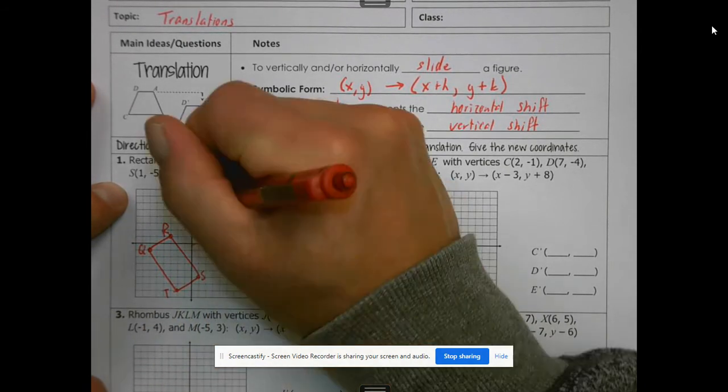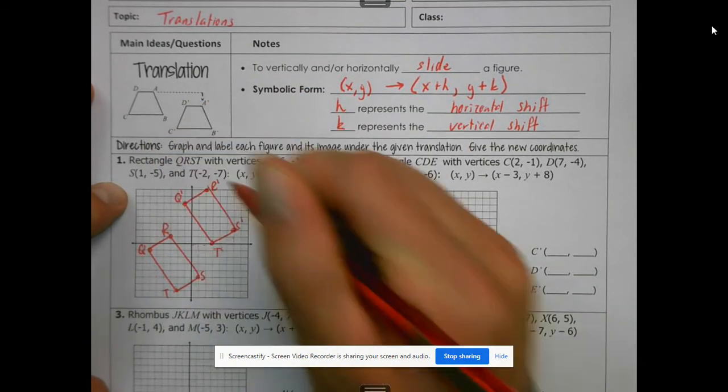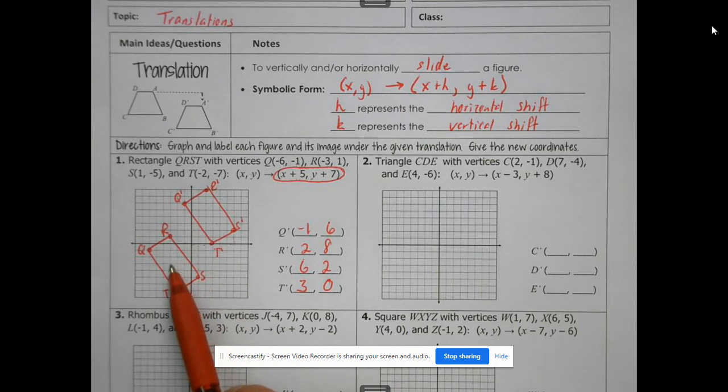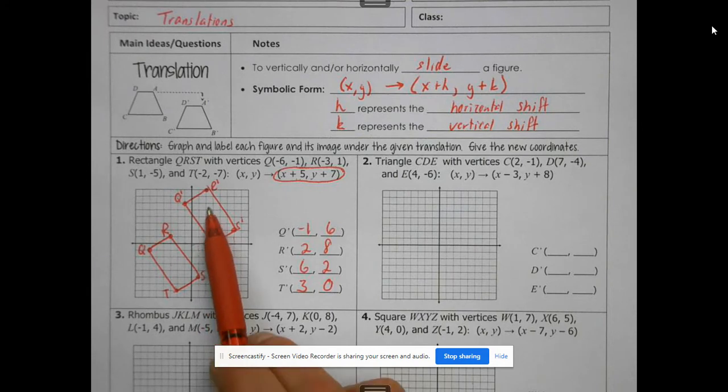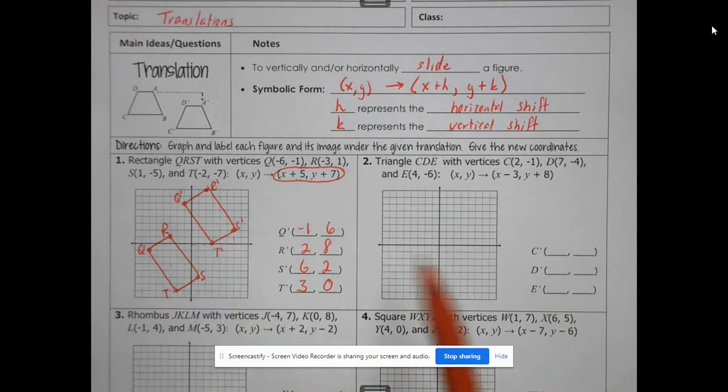Connect your points. And there it is. If you check out the image, guys, it doesn't change shape or size. We just slid it to the right 5 and up 7. So each point went right 5, up 7.